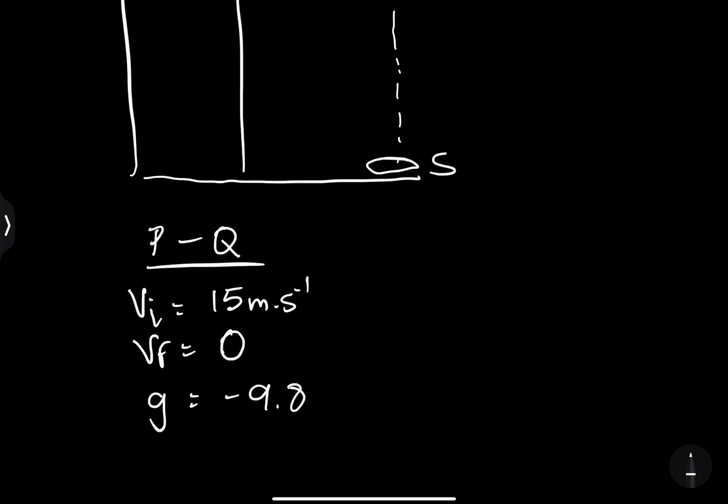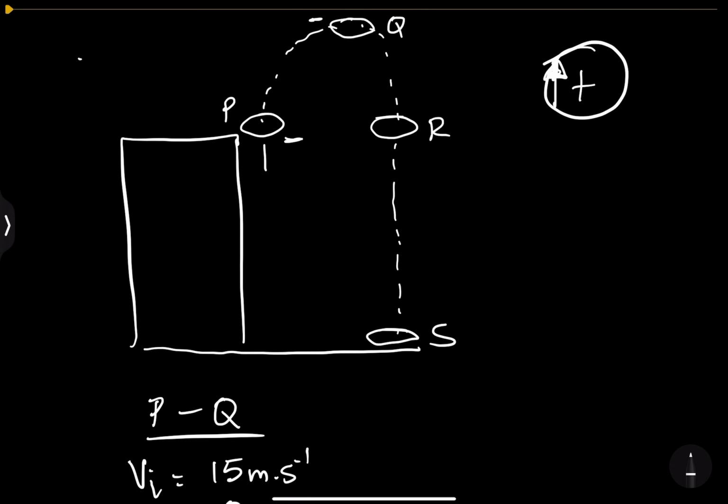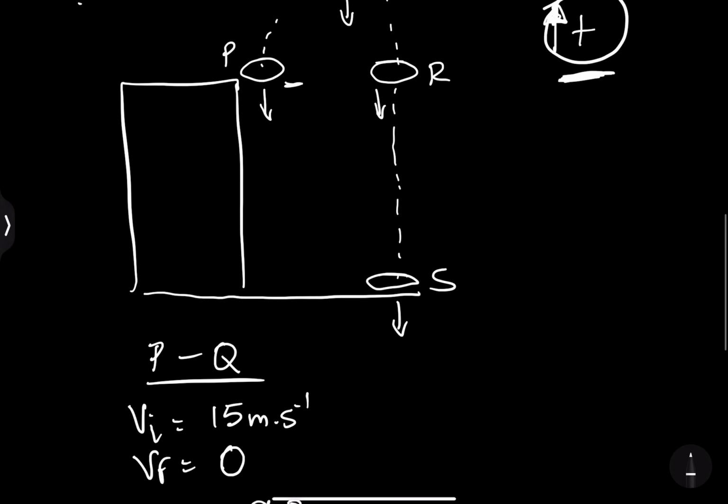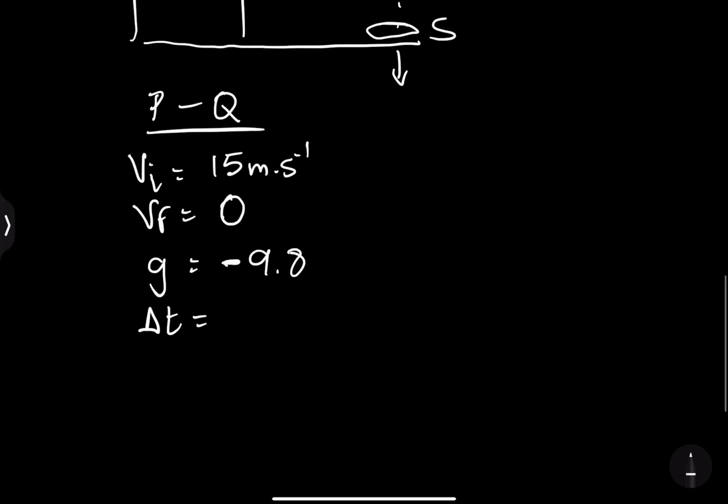Remember, ladies and gents, that for every position where the ball is, gravitational force always acts vertically downwards. Because we've taken up as positive, the value for our gravitational acceleration will remain negative for all the questions that we are going to answer. It doesn't depend on the direction of motion, but on your choice of positive direction.